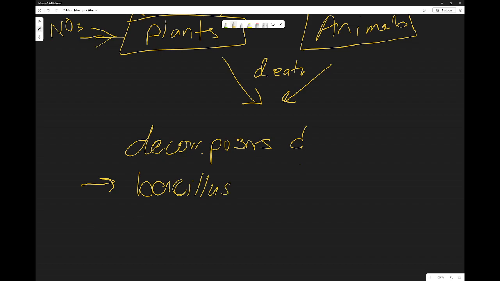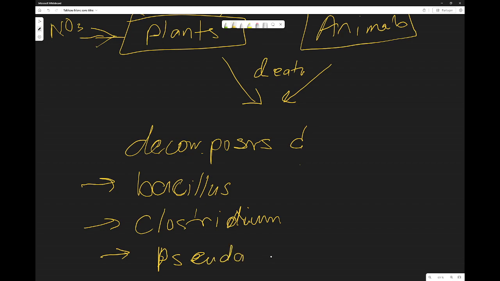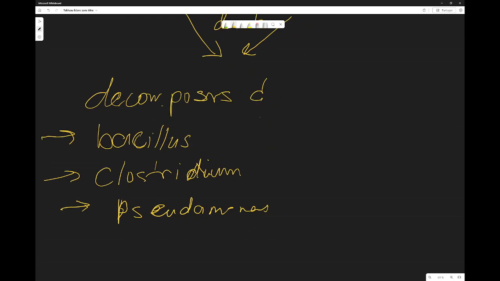So we're going to have some Bacillus, some Clostridium, and Pseudomonas is also here as well. We've seen Pseudomonas before. And you do have Streptomyces. So you have a lot of them.